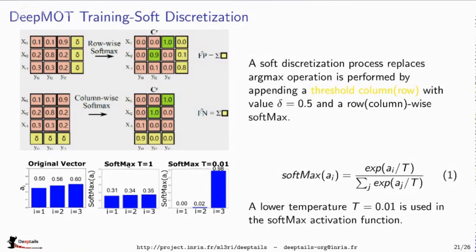After the softmax function with temperature equal to 1, we can see the difference between them is minimized. For this reason, we use a lower temperature, 0.1, to make the maximum value that we need close to 1, as we can see in this example.